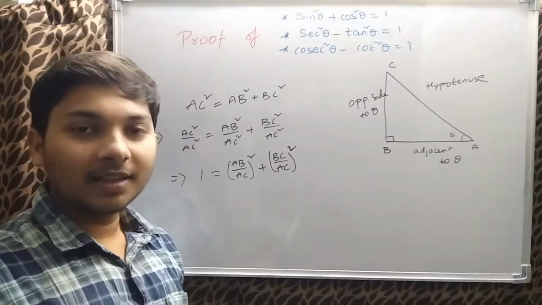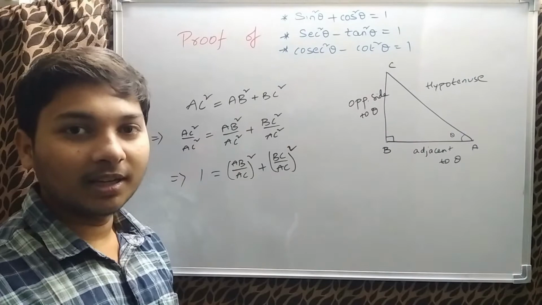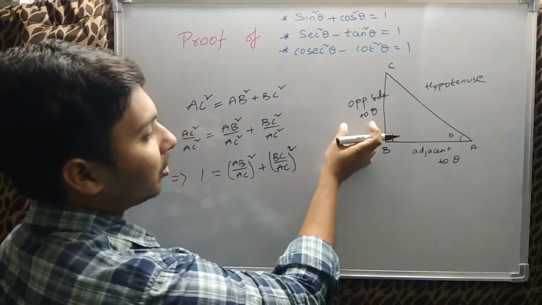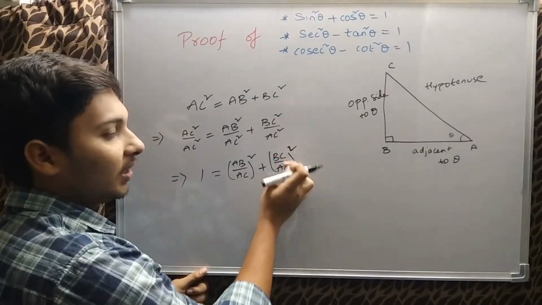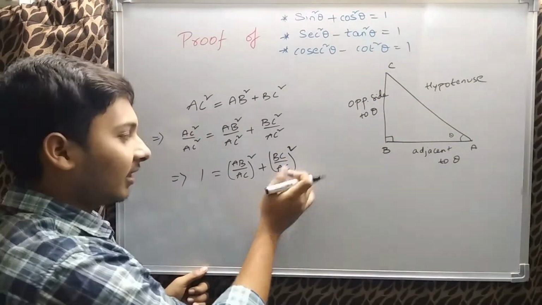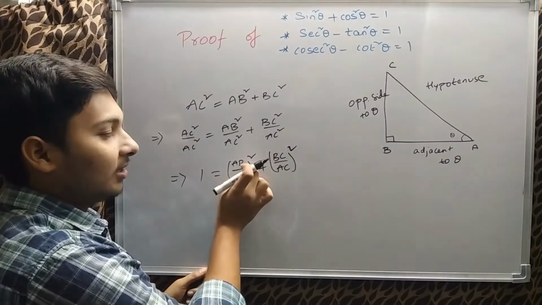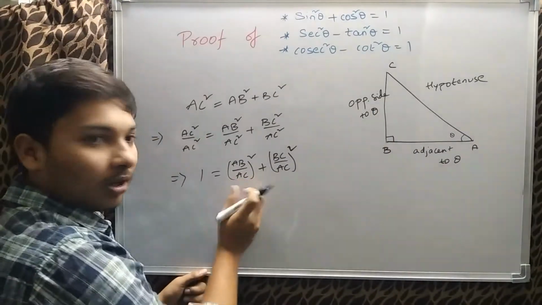We know that sin theta is the ratio of opposite side to theta and hypotenuse. Similarly, cos theta is the ratio of adjacent side to theta and hypotenuse. So here opposite side to theta is BC and hypotenuse AC. The ratio of BC and AC is sin theta, and the ratio of AB by AC, which means adjacent side AB and hypotenuse AC, is cos theta.